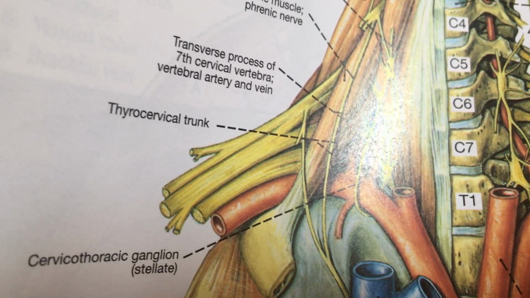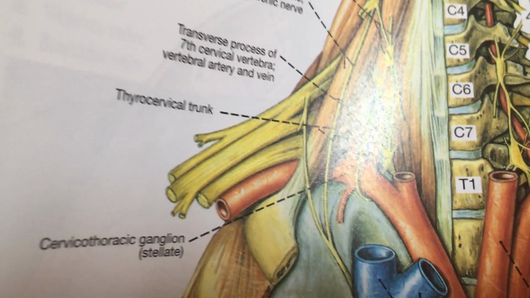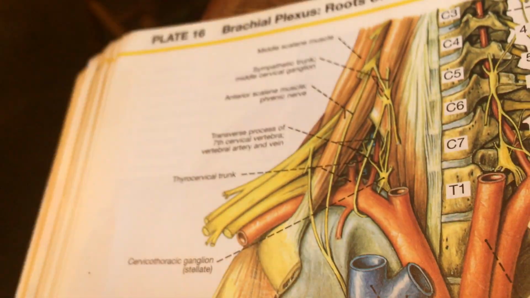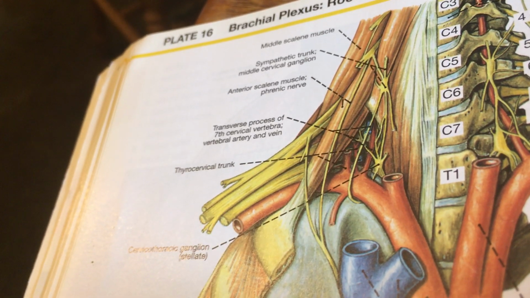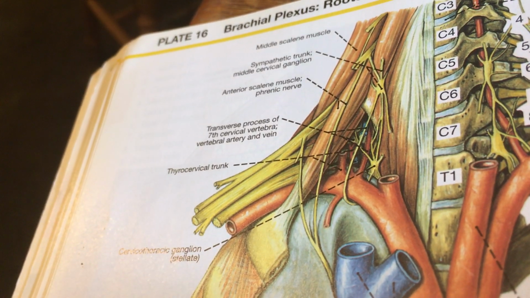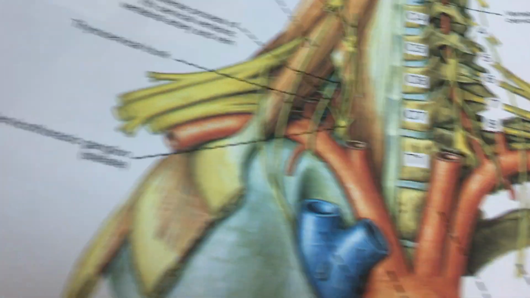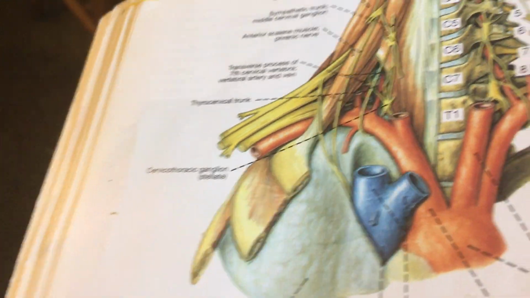So removing the clavicle, we get to see the first rib. If you touch your own clavicle and then try to reach under it to touch the first rib, you really can't do it. You can try.